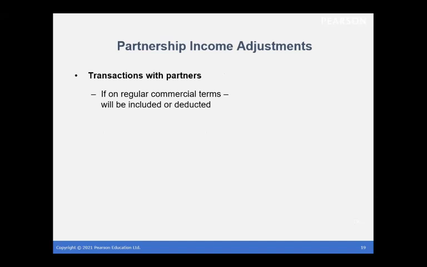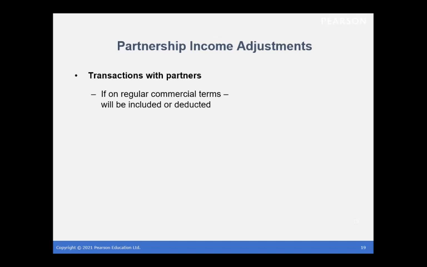Now, often what can happen is if you have some partners, those partners may have other businesses. They may become a part of this partnership because of certain business things that they bring to the table, or another business they have could be contracted by the partnership, that sort of thing. Very common.